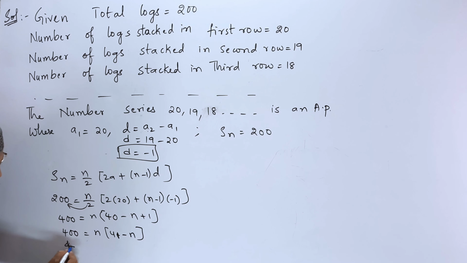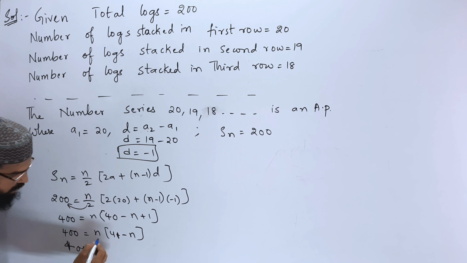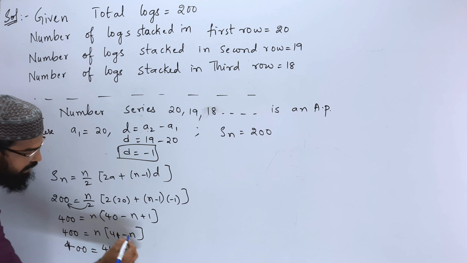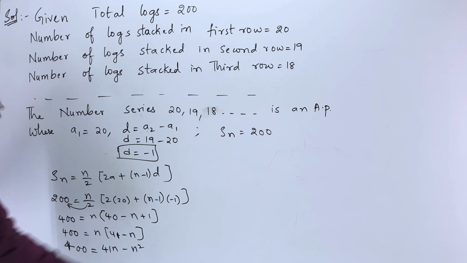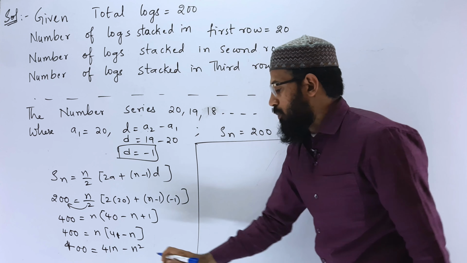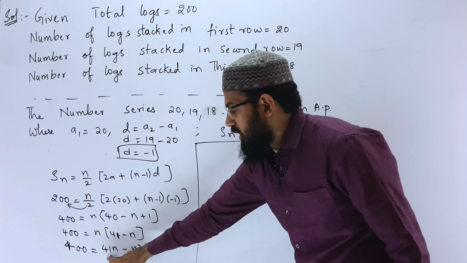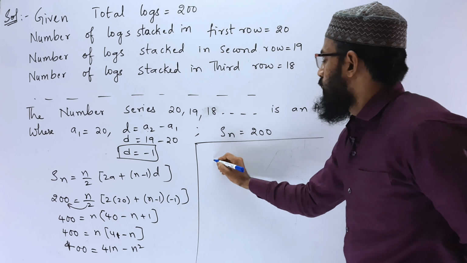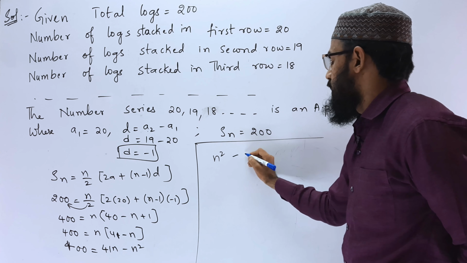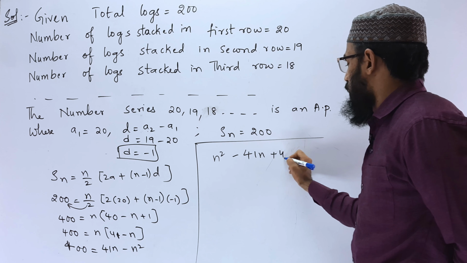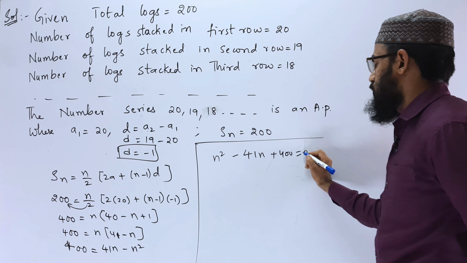So 400 is equal to 41n minus n square. Now send the 41n and minus n square to that side. It will become n square minus 41n plus 400 is equal to 0.